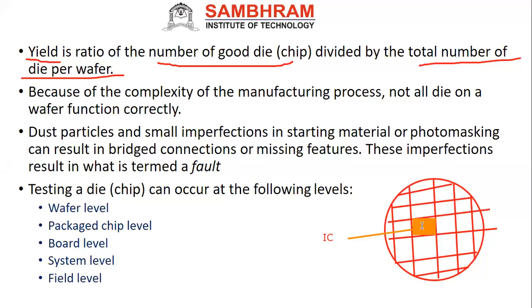Now this is one single IC. In this wafer, there is a number of good ICs, and yield is the number of good ICs divided by the total number of dies. So simply, if a single silicon wafer has 100 chips, and out of 100, 90 are good, then yield is 90 divided by 100. Then what is my percentage? 10% is waste, right? I can say 90% is good.